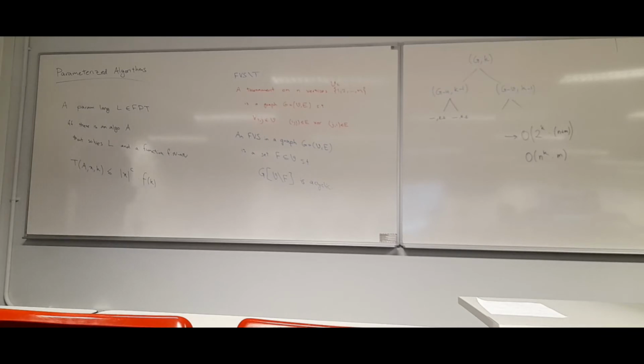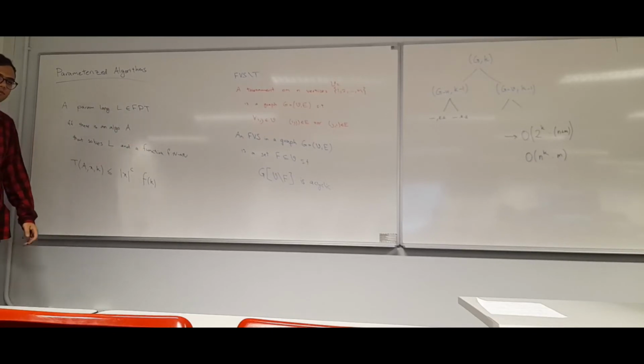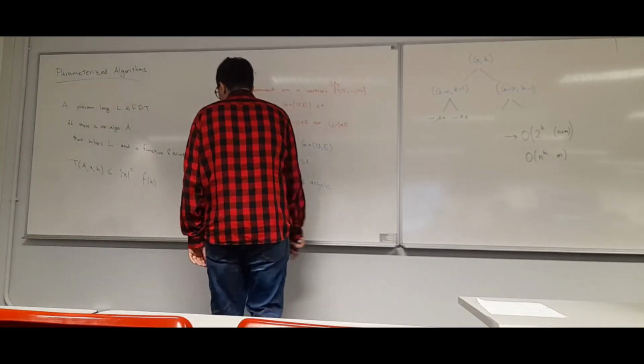Okay? So the way you can think about this is that when we were doing vertex cover, we wanted to remove some vertices so that all the edges are removed. Now here I want to remove some vertices so that all the cycles are removed, so that I no longer have a cycle in my graph. And now I'm talking about a directed graph, of course. Now, of course, the problem is going to be similar to before.